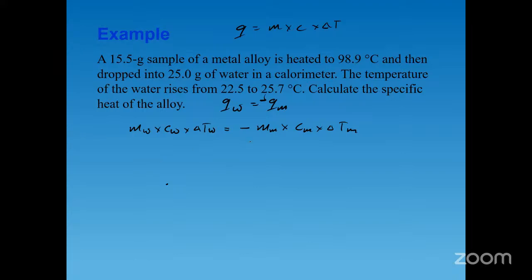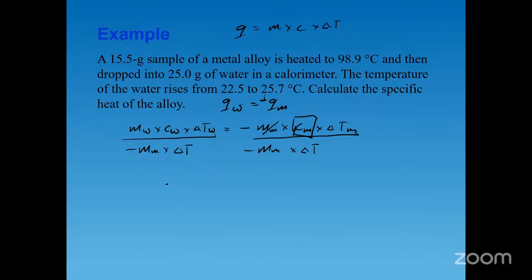Now, what the question is asking for is the specific heat of the metal, right? So to isolate this by itself, by algebra, we divide both sides by minus M_M times delta T.